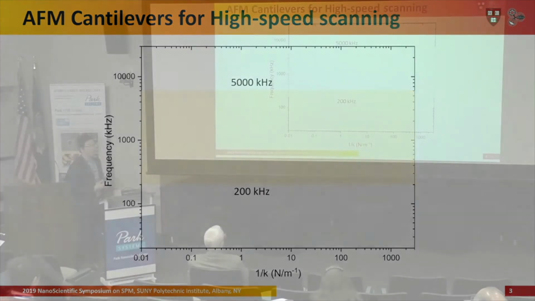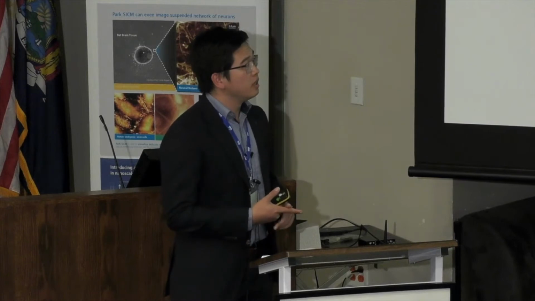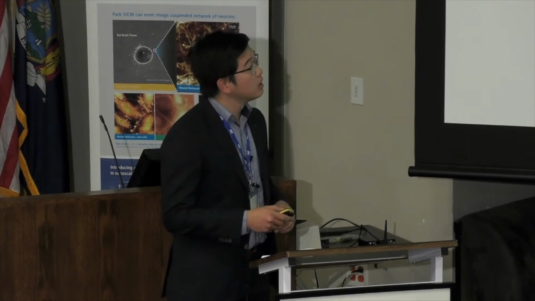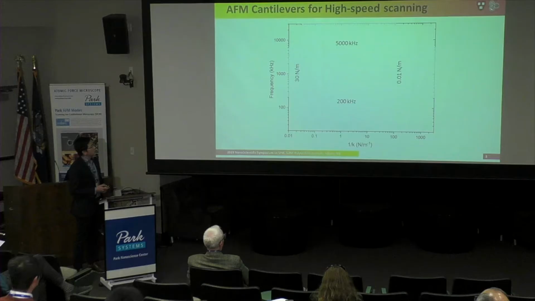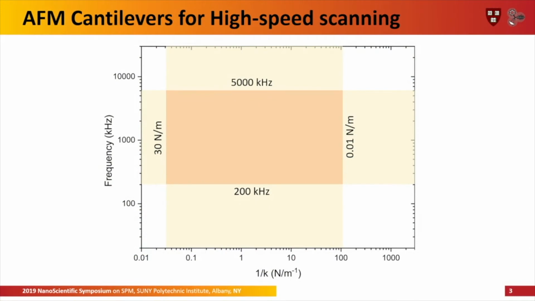High frequencies are normally achieved by small cantilevers, which typically have lower noise. For spring constant, the values range from 0.001 up to 30 Newton per meter, and this is the range of accessible values that I have taken from commercial AFM cantilevers.